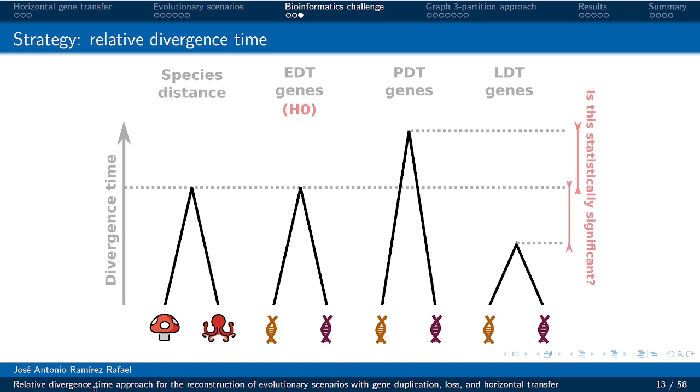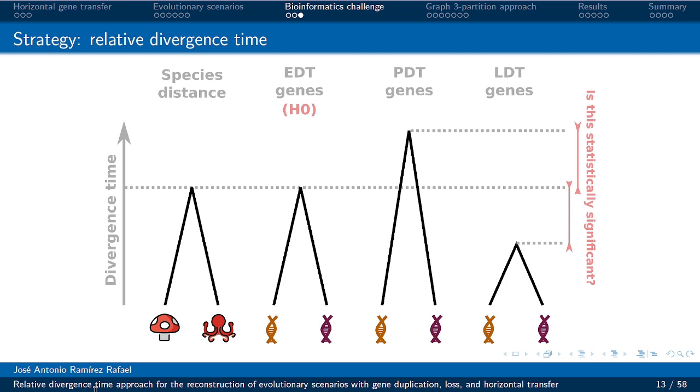Now we can ask: do the genes diverge at the same time as the species? This is the null hypothesis. Genes diverge at the same time as the species, but genes can also diverge prior to the species or later than the species.